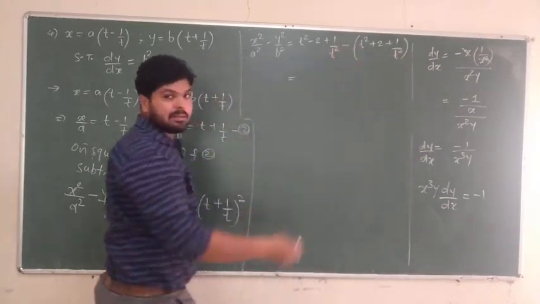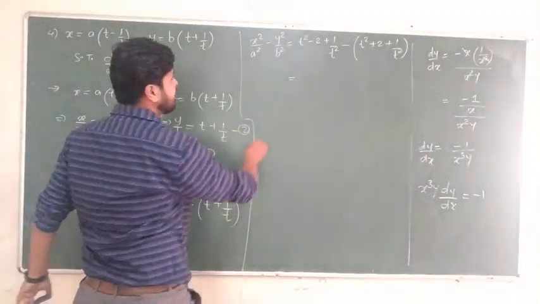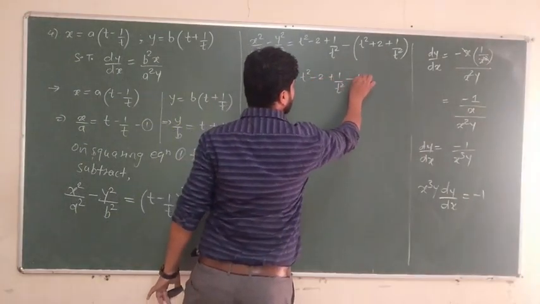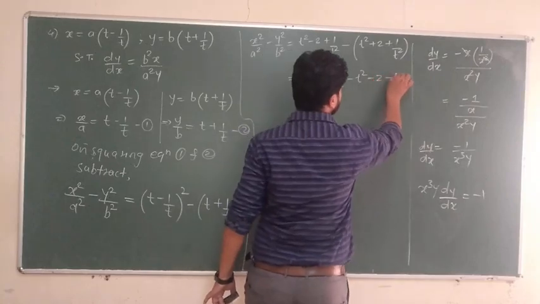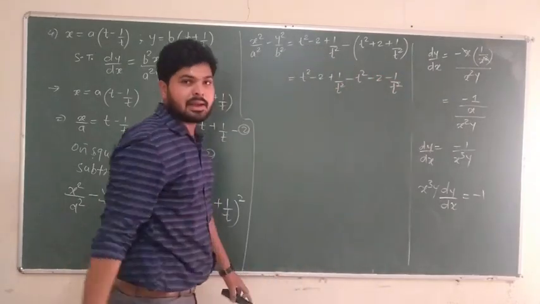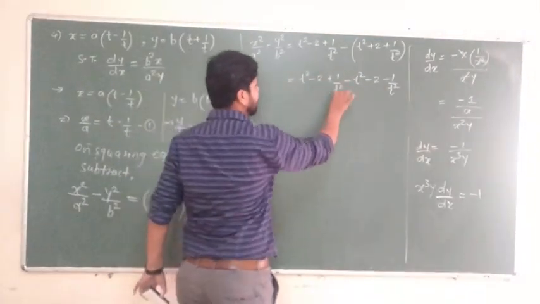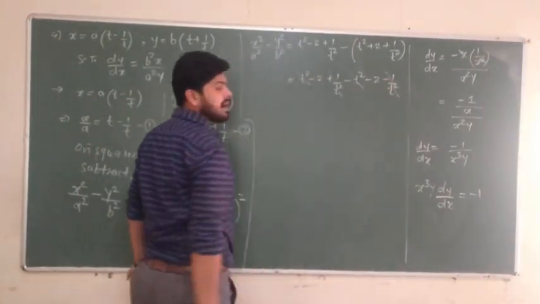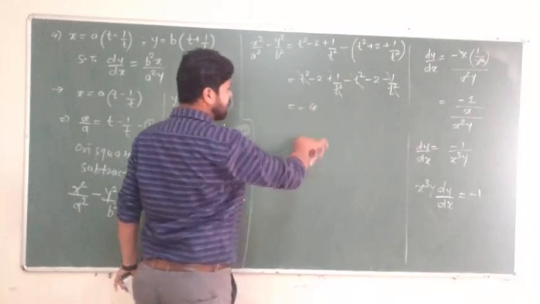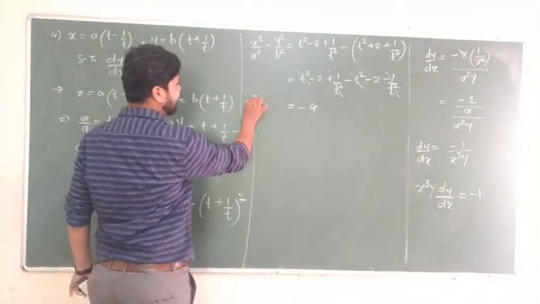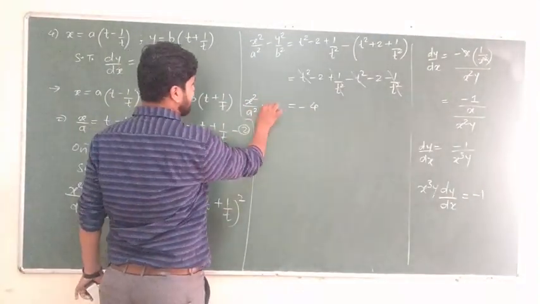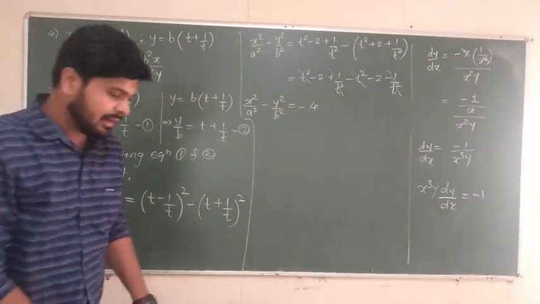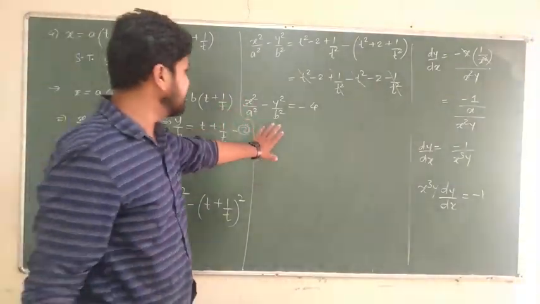Now if I multiply by the minus sign into the bracket, it is t square minus 2 plus 1 upon t square minus t square minus 2 minus 1 upon t square. So the 1 upon t square terms get cancelled, and the t square terms get cancelled. What is remaining? Minus 4. And on the left hand side, x square upon a square minus y square upon b square is equal to minus 4.